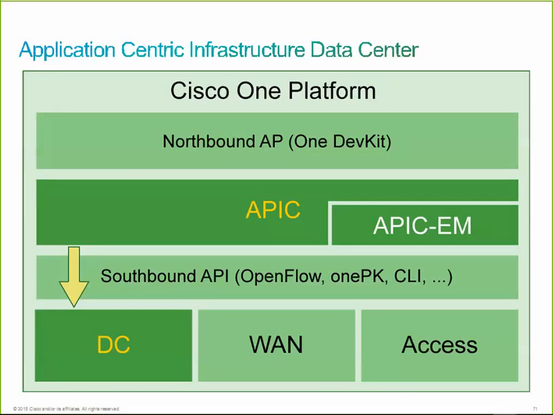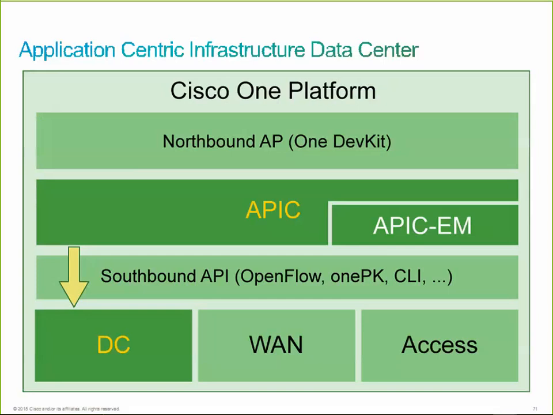The APIC controller provides, and we saw this when we talked about the EM environment as well, that open, programmable approach to networking through open APIs, policy-based management, security management. So it's going to automate what typically we would have had to do manually over the scope of our network.